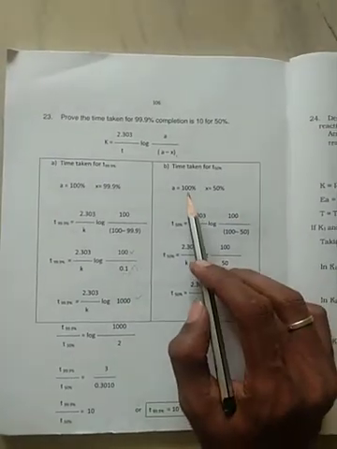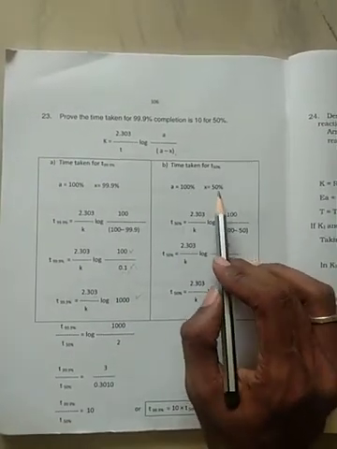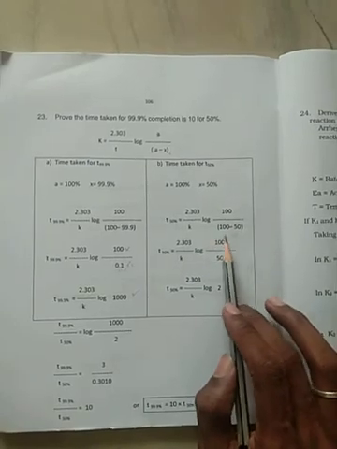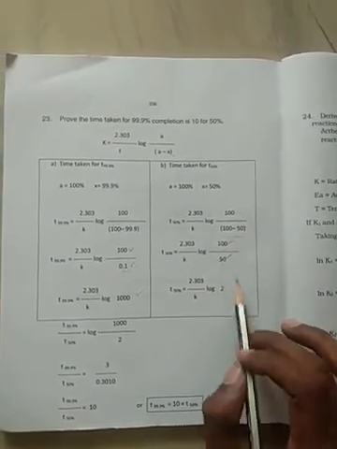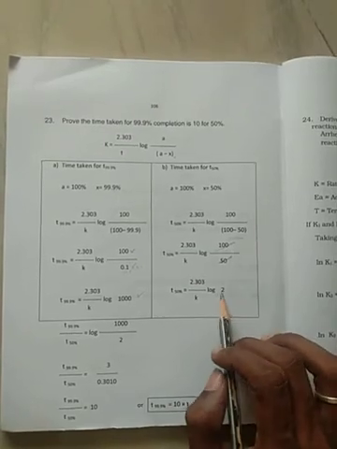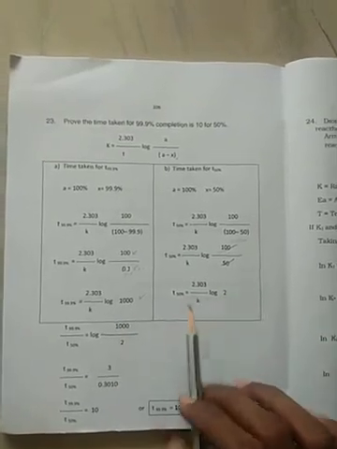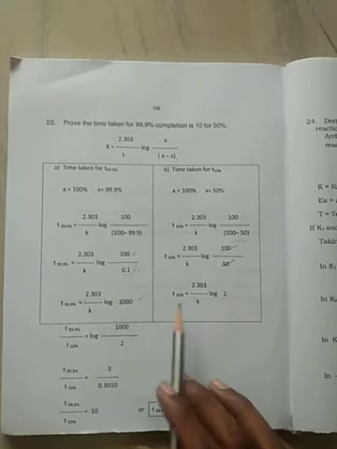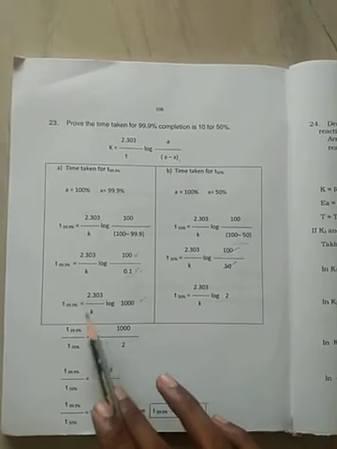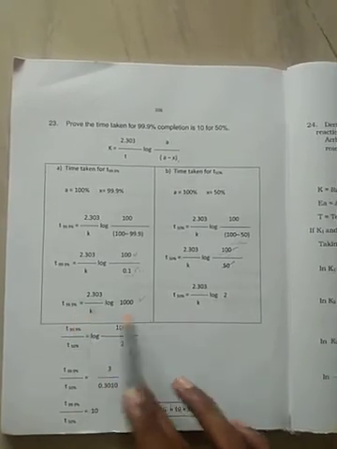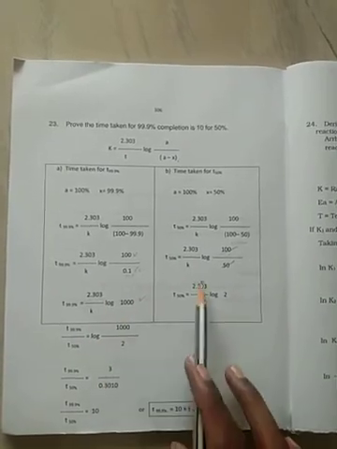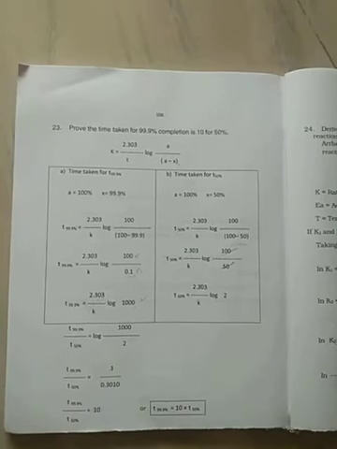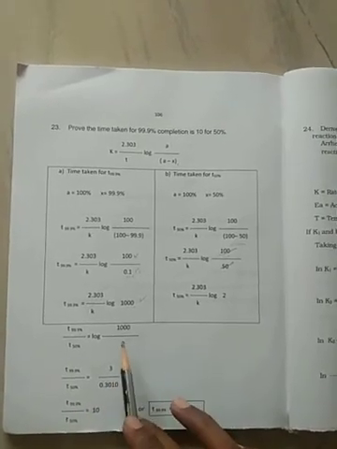Next, A will be 100%, X is 50%. Apply the formula: 100 minus 50, 100 divided by 50, so it will be 2. So log 2. Both equations similarly: consider dividing T 99.9% divided by T 50% equal to log 1000 by log 2.